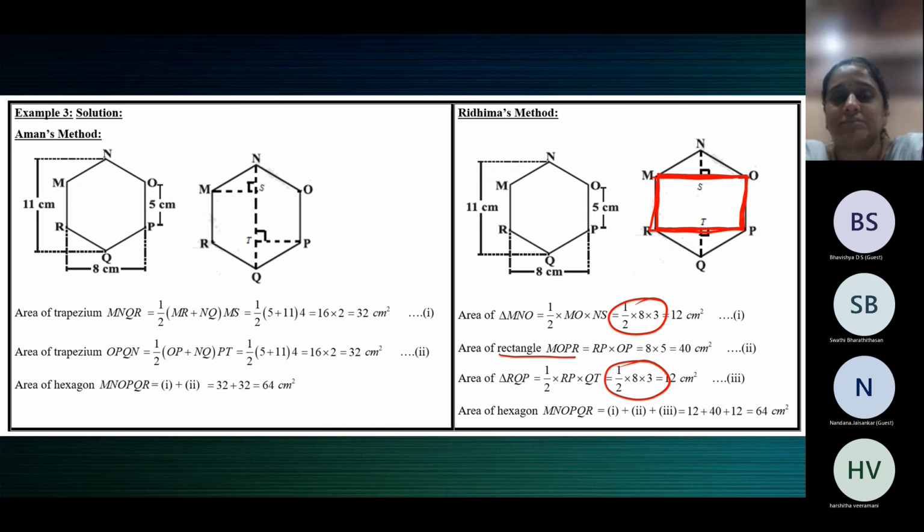How much is RP? Ma'am, RP is 8, ma'am. And PO? 5 centimeter. 5. So length into breadth, 8 into 5. So the area of the two triangles plus the area of the rectangle is equal to the area of the hexagon, MNOPQR. Correct? Yes, ma'am. Very good.